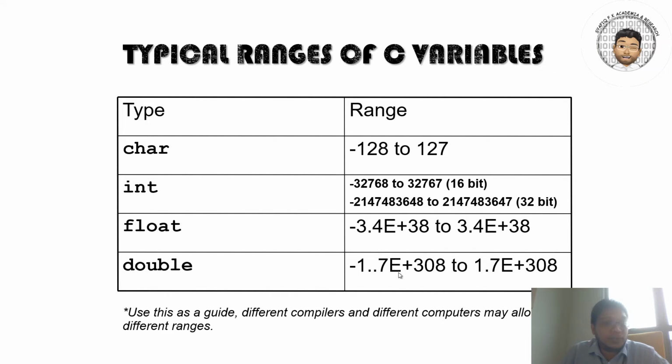Double is for much longer numbers. It is from -1.7 times 10 power of 308 to 1.7 times 10 power of 308. If your numbers are within this range, you can use double. If your numbers are within this range, you can use float. If your number is within this range, you can use integer or symbolize with character.